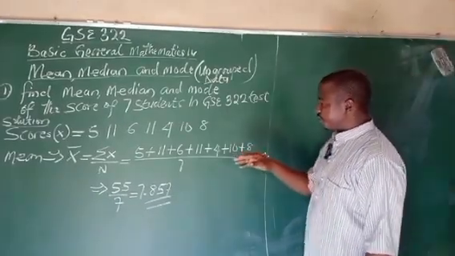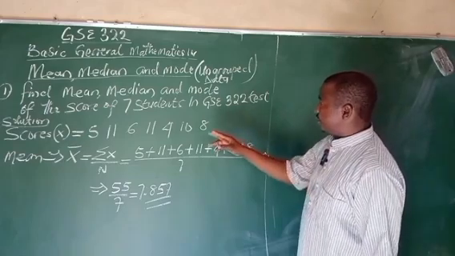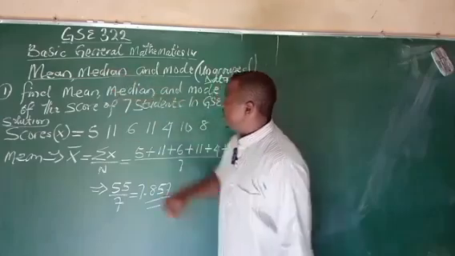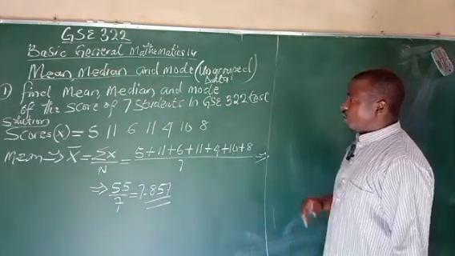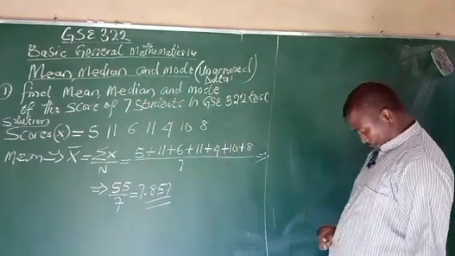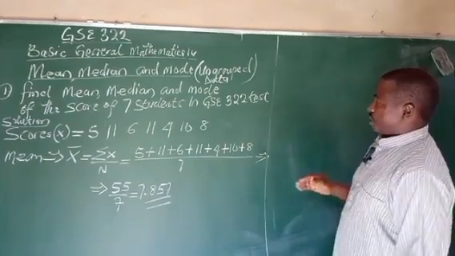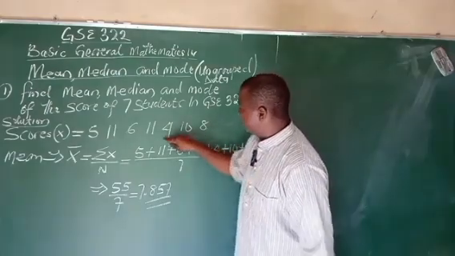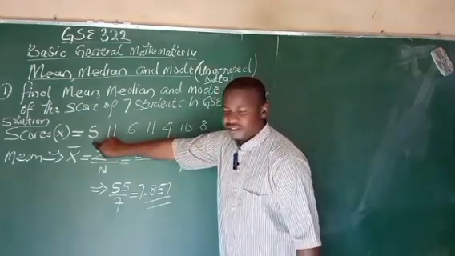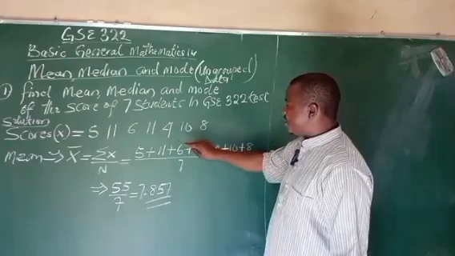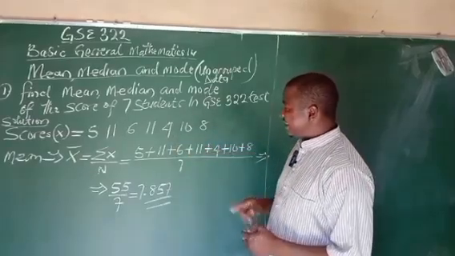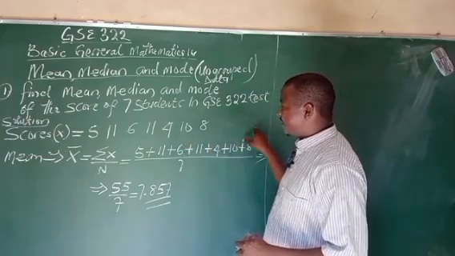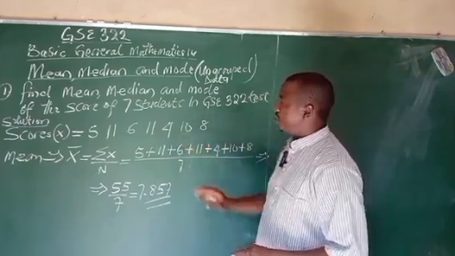And then what next? The next one is finding the median. How do we find the median? We find the median by arranging the items in either ascending order or descending order, either from the lowest to the highest or from the highest to the lowest.